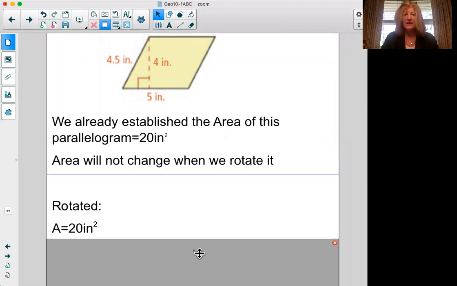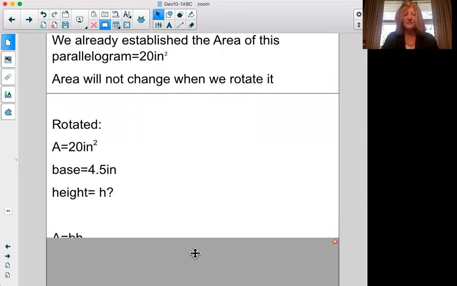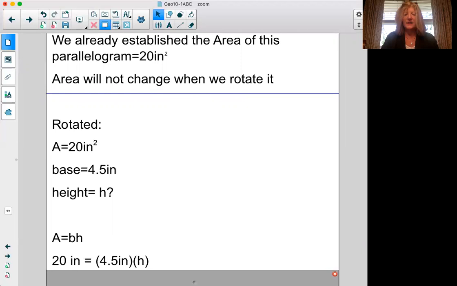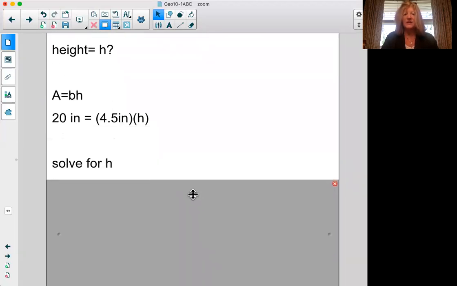So if I rotate it, the area is still going to be 20, but that area is going to be base times height in the other direction. So this area, 20, also equals 4.5 times the other h. And I can solve that for the other height by dividing both sides by 4.5.